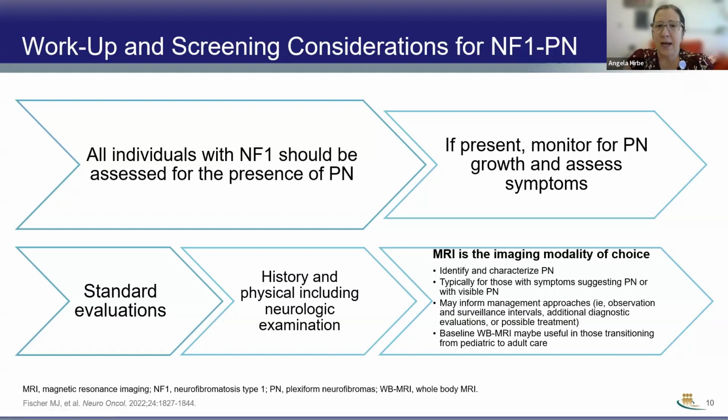And then if needed, MRI would be the imaging modality of choice. This is typically done for those patients that have symptoms suggesting a plexiform neurofibroma, but you can't see something on clinical exam. And it may really inform management in terms of whether or not it's okay to observe, surveillance intervals, and whether or not we need any other additional diagnostic information.